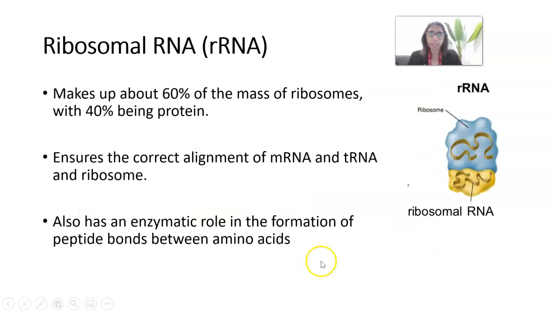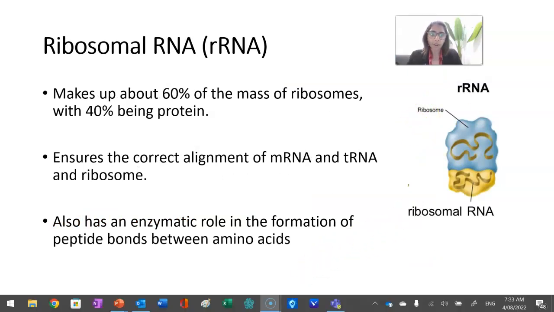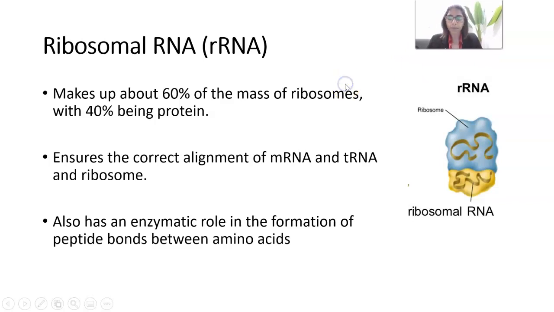So now we're going to be looking at the 3 different types of RNA that we find. The first one we're looking at is rRNA, or ribosomal RNA. You can see in the little cartoon diagram here, this whole structure is the ribosome, and the ribosomal RNA is found in the lower portion.